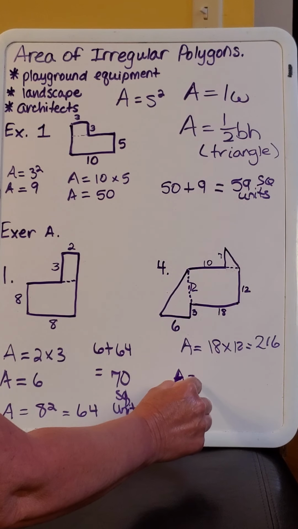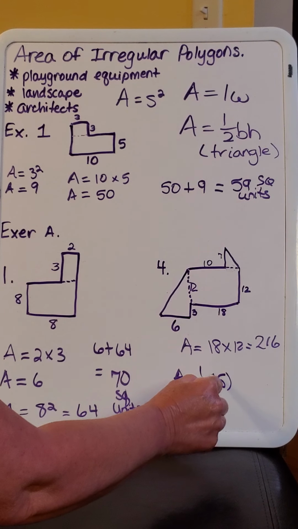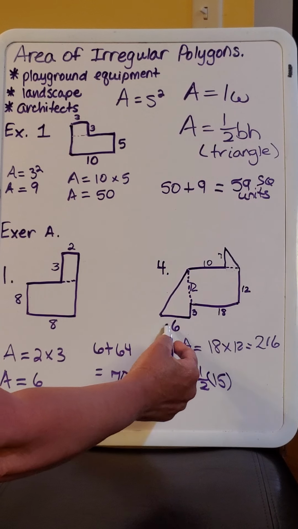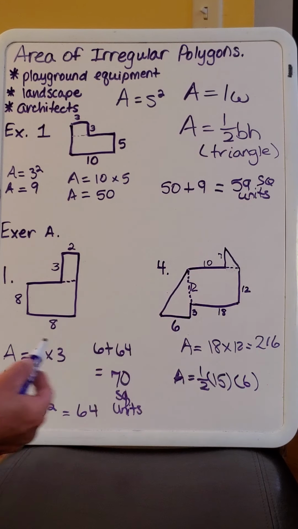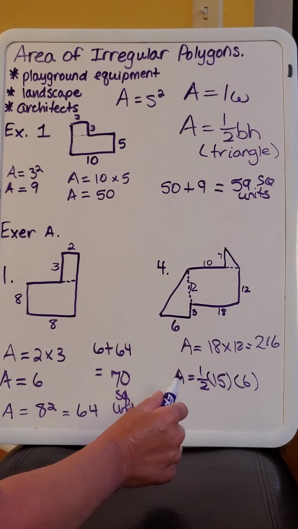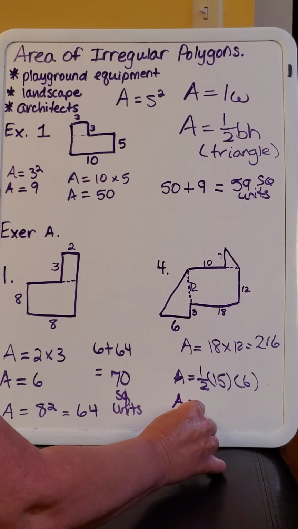So area is equal to 1/2 of 15 times the base, which is 6. 15 times 6 is 90, and half of 90 is 45.